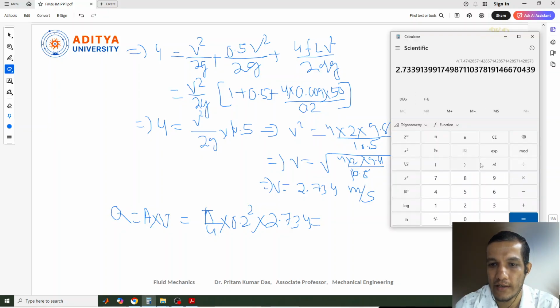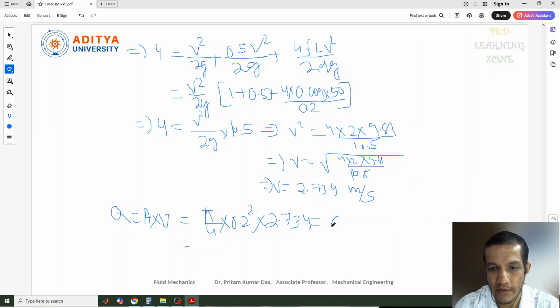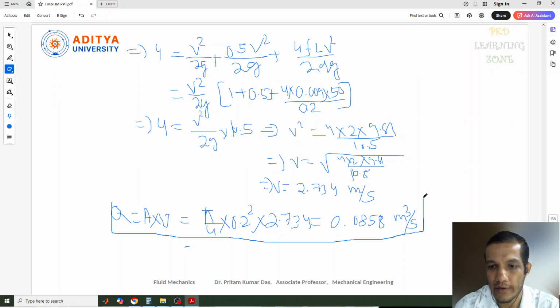Now 0.2 into 0.2 into pi divided by 4 is 0.0858 meter cube per second. So this is the rate of flow in the pipe. This is the final answer.